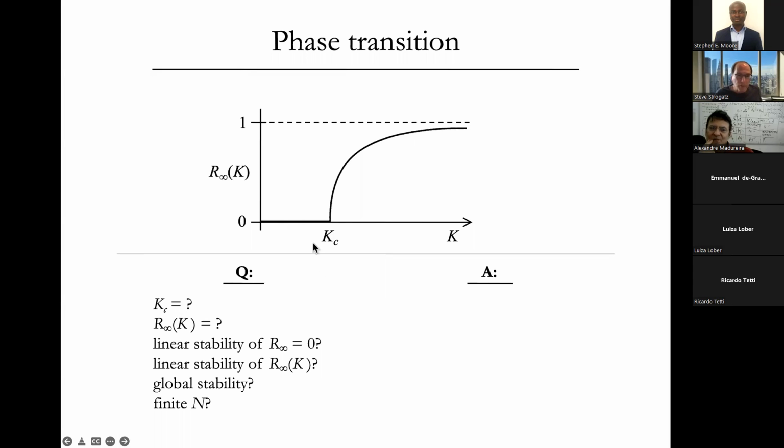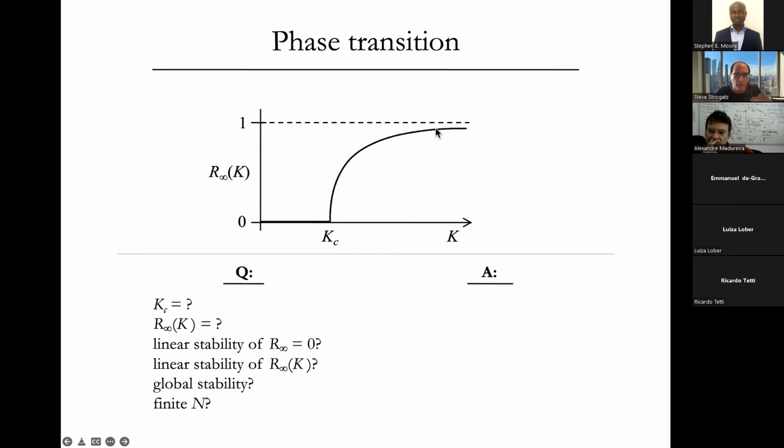So the questions then, many questions, from this picture are, what is this K sub C in terms of the density of the natural frequencies? Can we calculate K sub C? Also, can we calculate this curve? What is that curve? And also, like in bifurcation theory, you would expect that this state would be stable below the threshold and that this branch would be stable.